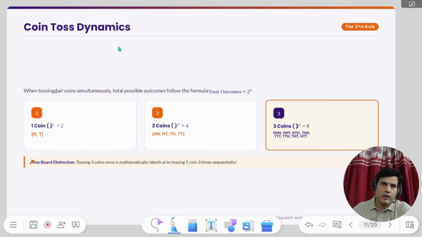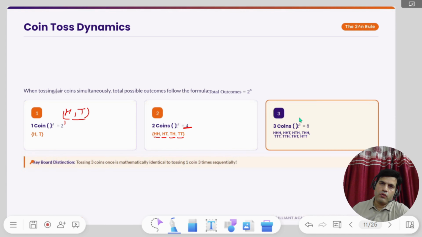And coin tossing. If you toss one coin, there is a possibility of head and tails. One toss gives 2 to the power 1, so the total outcomes will be 2. If you toss 2 times, it will be 2 to the power 2, so there will be 4 outcomes: HH, HT, TH and TT.